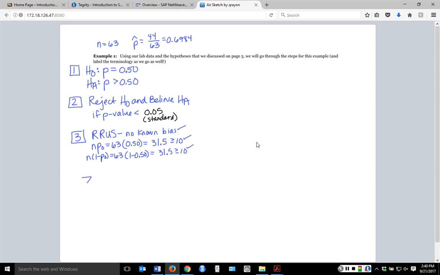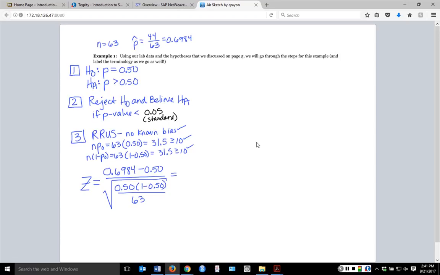How this was different than the previous set of notes is that generally we had already calculated that standard deviation separately, which we haven't done yet. So you're going to see me plugging in all of those numbers here. So we're going to have our p0, or 1 minus p0, and our n.